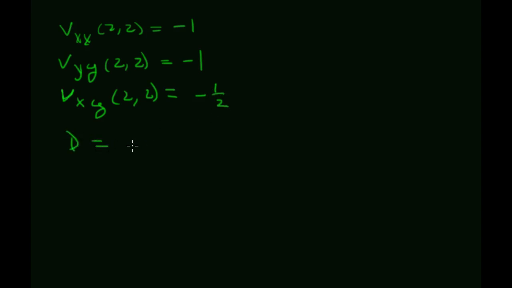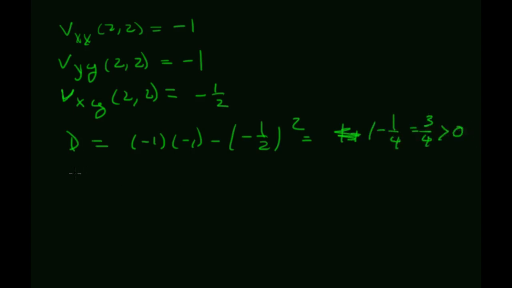So D is going to be negative 1 times negative 1 minus negative 1/2 squared, which is 1 plus a fourth, right? Should be, or no, 1 minus a fourth because of the square. 1 minus a fourth is 3/4, which is greater than 0.